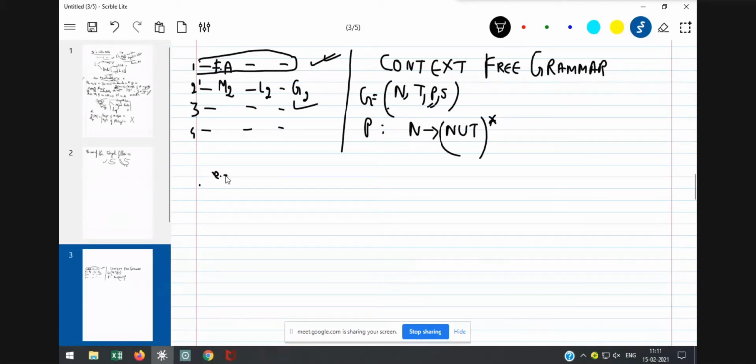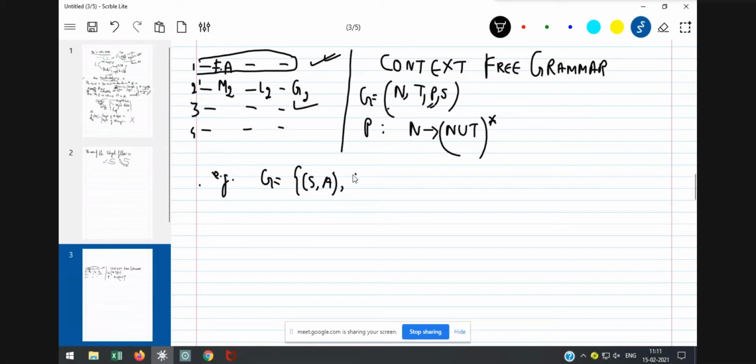Example: I'll construct a context-free grammar. G is equal to, I'm going to use two non-terminals.